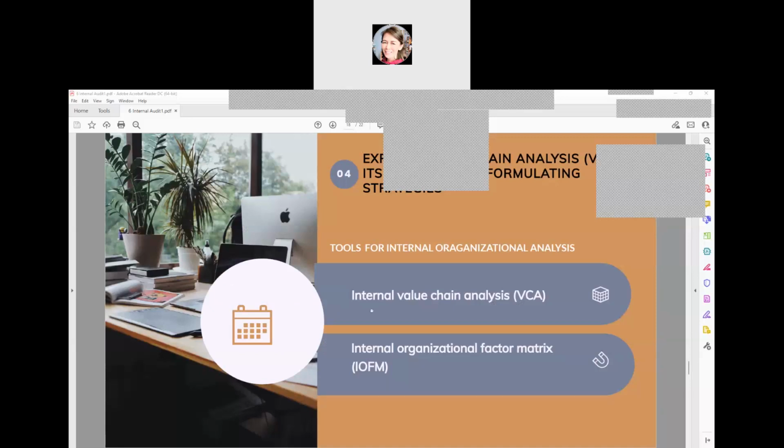The next one that I will discuss is the VCA and IOFM. VCA is the value chain analysis. IOFM is the internal organizational factor matrix.